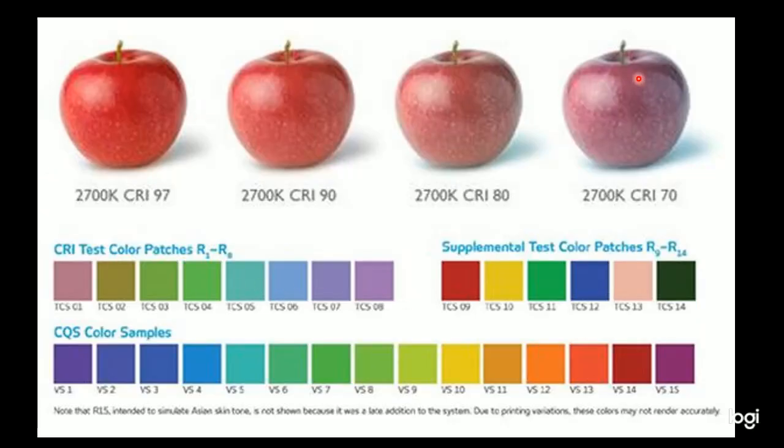All of these sources are at 2700 degrees K, and an apple at a color rendering index of 97 as we move to 90, 80, and 70. You can see how this measurement of color accuracy affects how we perceive an individual object or a specific color.